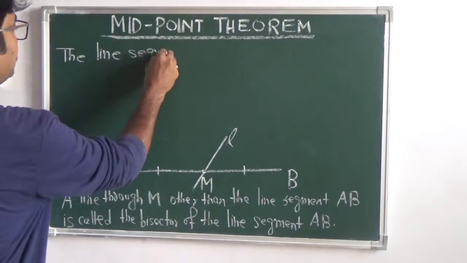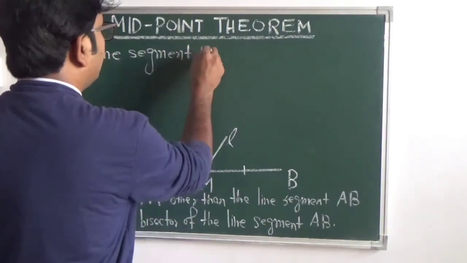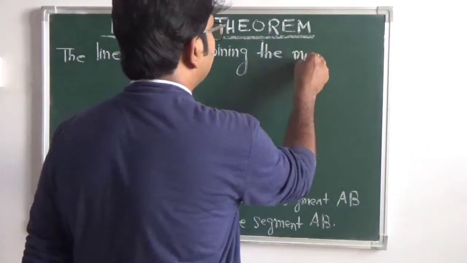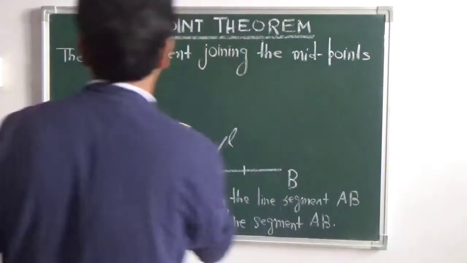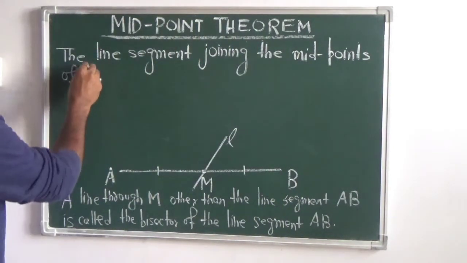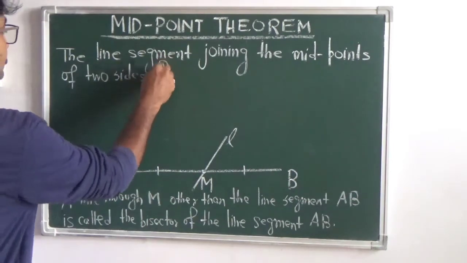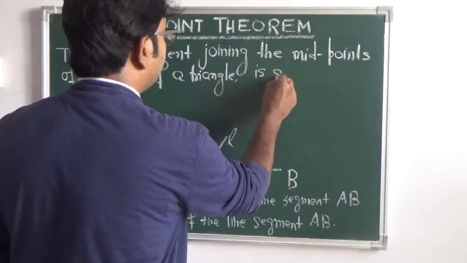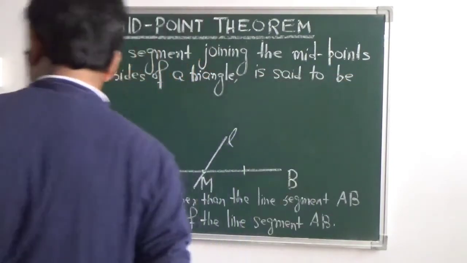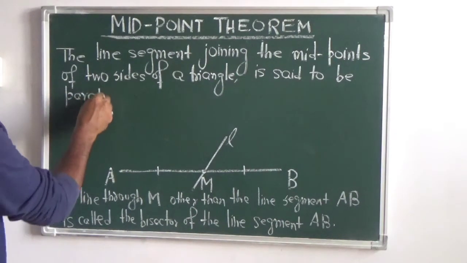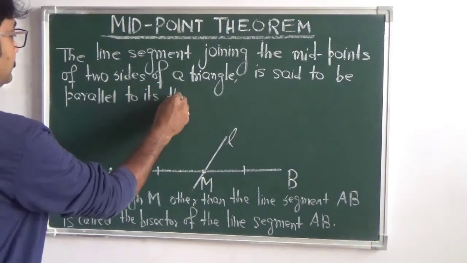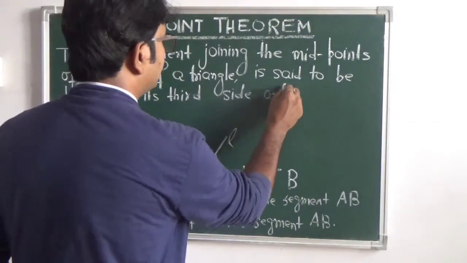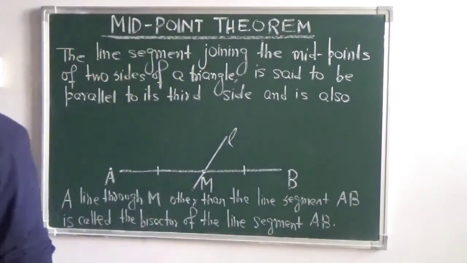We will write the midpoint theorem. The line segment joining the midpoints of two sides of a triangle is said to be parallel to its third side and is also half the length of the third side.